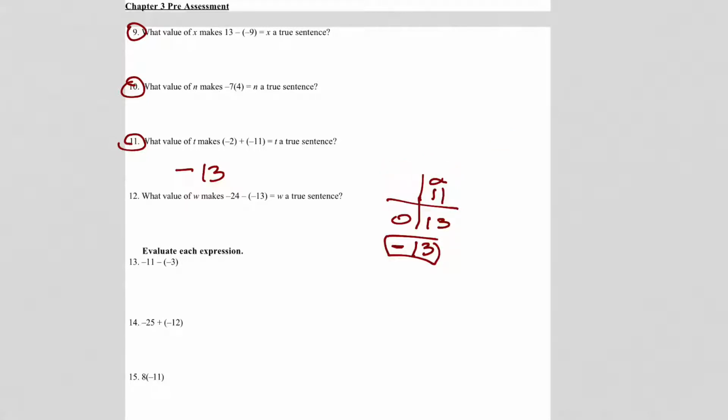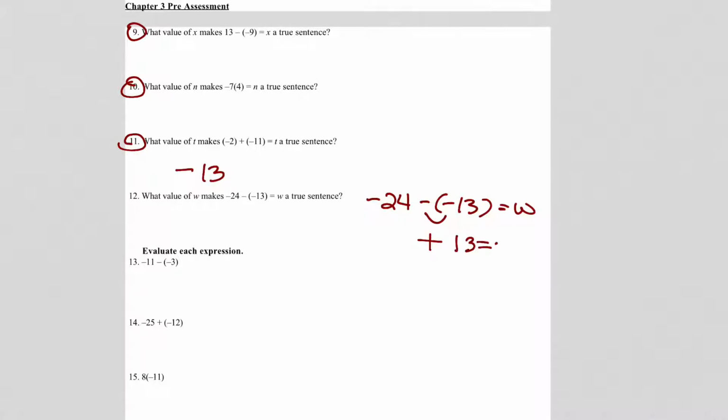All right, number 12. What value makes negative 24 minus negative 13 equals W a true statement? All right, so remember, if you have two back-to-back negatives, that makes a plus. Now let's go ahead and use the scoreboard method here. There's a positive team and a negative team.